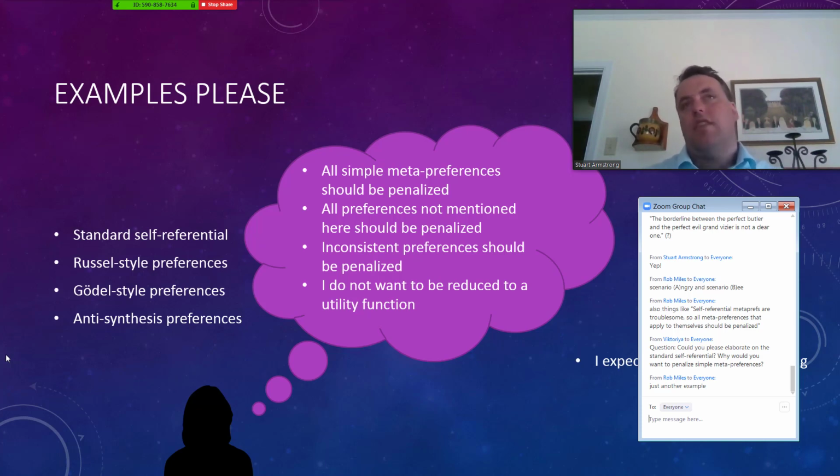Of course, this is within limits. If you don't have some form of Occam's razor, you don't get anywhere. So I'm not in favor of arbitrarily complex preferences either. But especially for philosophers, I see the failure mode of over-simple preferences as being the problem.